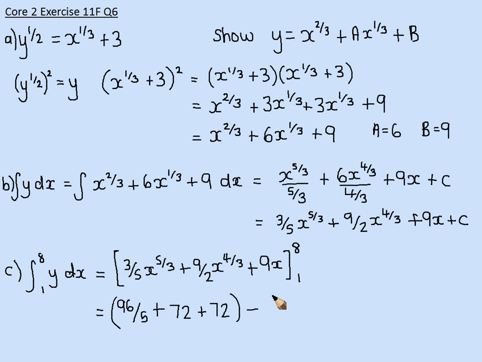And then we're going to be substituting 1 in. That's nice and easy to do because 1 to the power of anything is just 1. So it's 3/5 plus 9 over 2 plus 9. So now if we tidy that up, for our first bracket, substituting in 8, we get the answer 163 and 1/5.